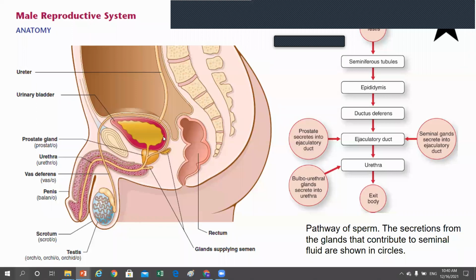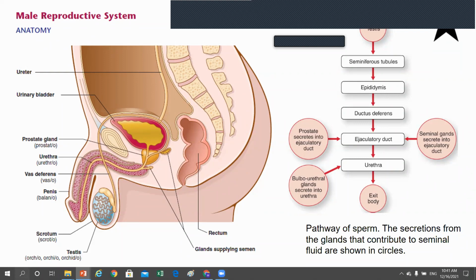And if you look over here, we have the addition of some extra glands, one of the major glands being the prostate gland. And then it will go down, from ductus deferens to ejaculatory duct, and it will enter over here in the urethra.